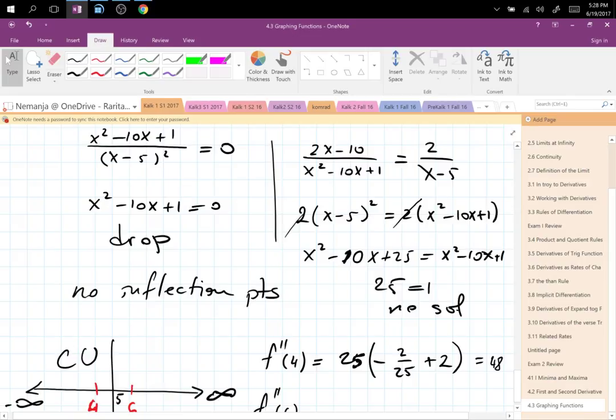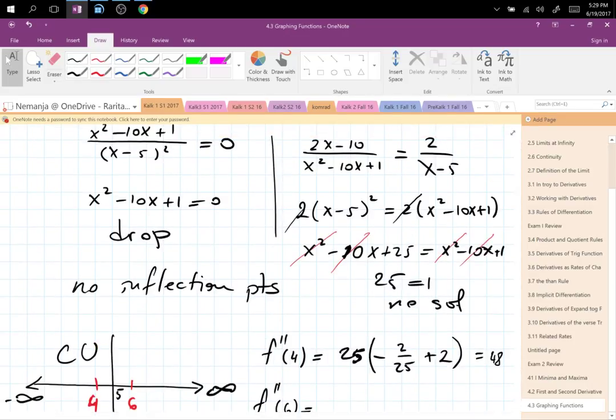First you had the 25, right? From the x squared minus 10x plus 1? Oh, from here. Okay. Never mind. And then the x's cross, right? These guys cancel. And these guys cancel. And you have 25 equals 1, which is not good. All good?